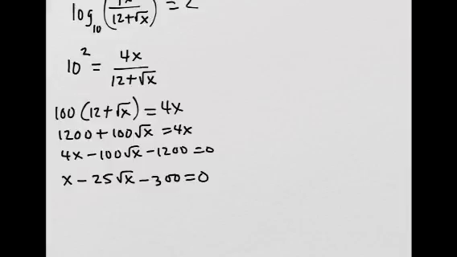I know it doesn't look like it, but I'm going to treat this like a quadratic. And how can we do that? The x I'm going to change to the square root of x, squared. And then here's your 25 square root of x, there's like your x term, and then this is 300. Now this one does not factor, so we have to use the quadratic formula.